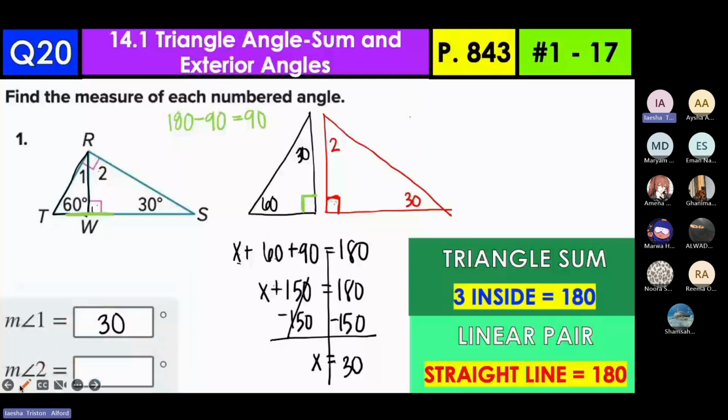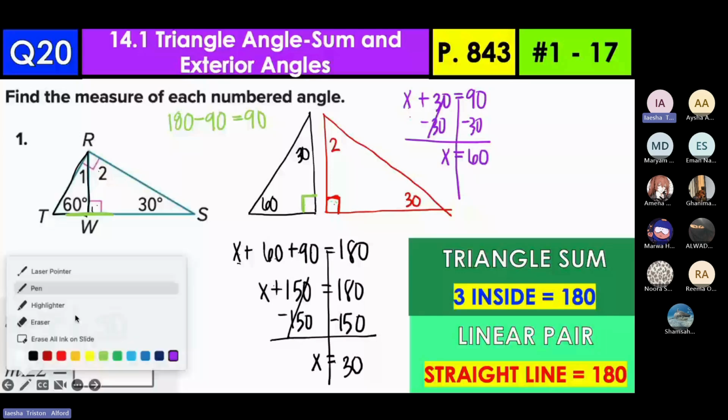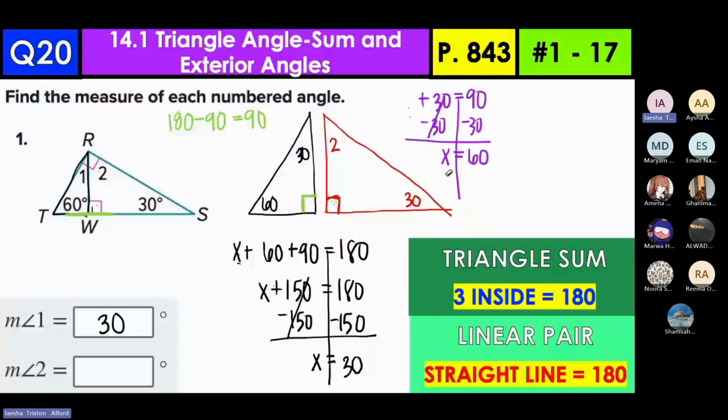You could write a new equation: x plus 30 equal 90. Subtract 30 from both sides. This is 0. X is equal to 60. I'm going to change it to y, okay? Because I don't want people to get confused about where the x came from.